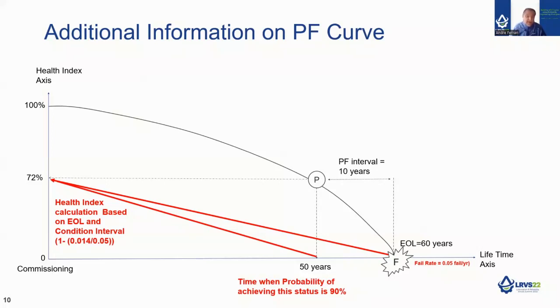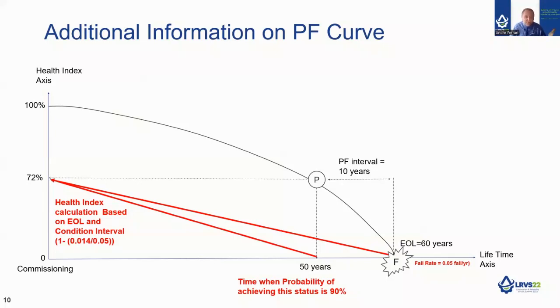As shown on the left-hand side here, we have this ratio of 0.014 divided by 0.05, and we subtract it from 1, and that's where we get the 72% as the health index at the 50-year mark.